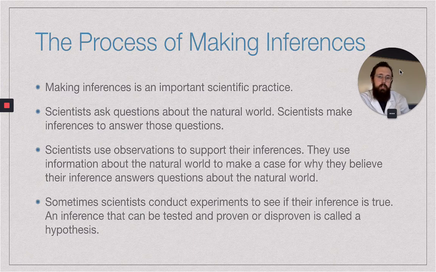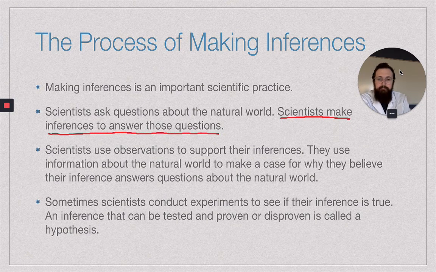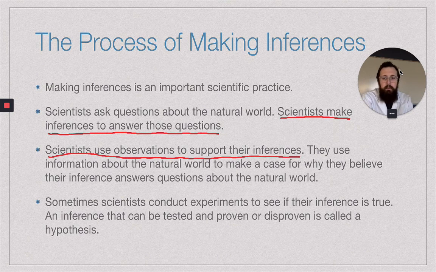Scientists ask questions about the natural world, and then scientists make inferences to answer those questions. Scientists use observations to support their inferences. Let's write that out. They use information about the natural world to make a case for why they believe their inference answers questions about the natural world.